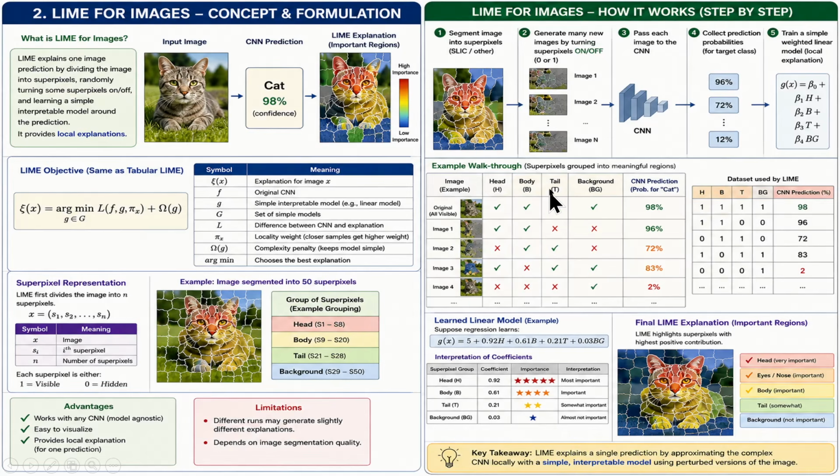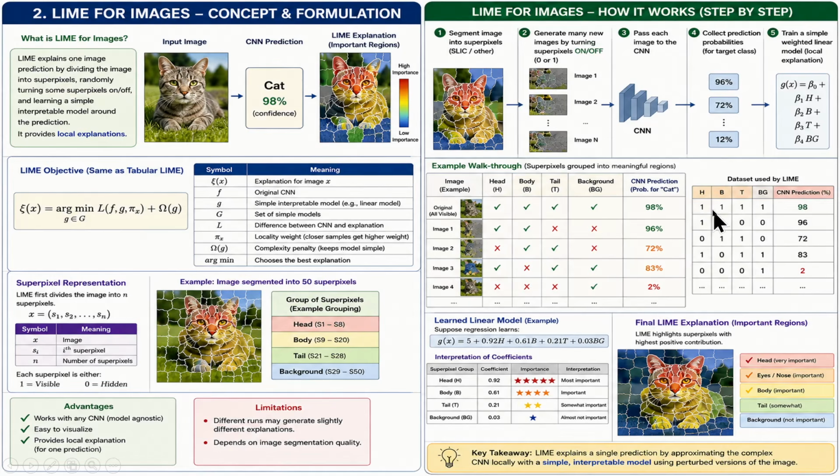In image 1, the superpixels that represent the tail region are off, masked, and the prediction is 96%. Going forward, we can see that the superpixels corresponding to head and background are masked, and the CNN gives us 72% accuracy, and this goes on for a few hundred or thousand samples.